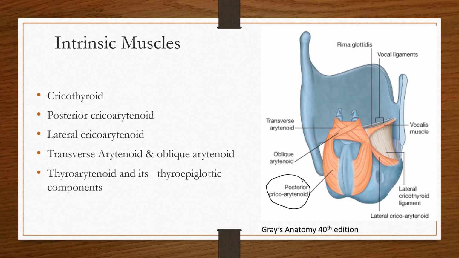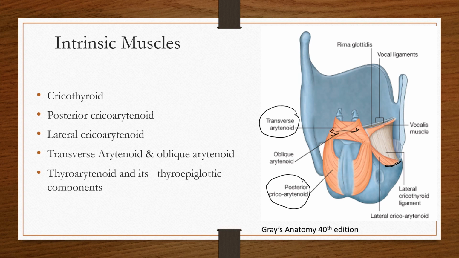The lateral cricoarytenoid arises from the upper margin of the cricoid. It lies on the inner aspect and is attached to the anterior surface of the muscular process of the arytenoid. The transverse arytenoid is one unpaired muscle of the larynx extending between the two arytenoid cartilages.